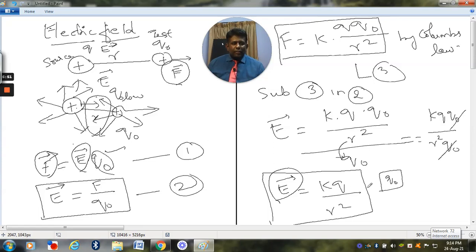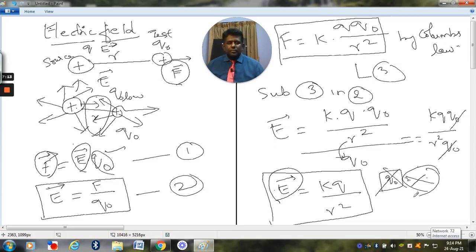But in the electric field equation, Q naught is not there. It means that the electric field does not depend on the test charge, that is Q naught. Without Q naught, we can easily calculate the electric field. This is one of the important points that you have to note down in electric field. Without the test charge, we can calculate the electric field.